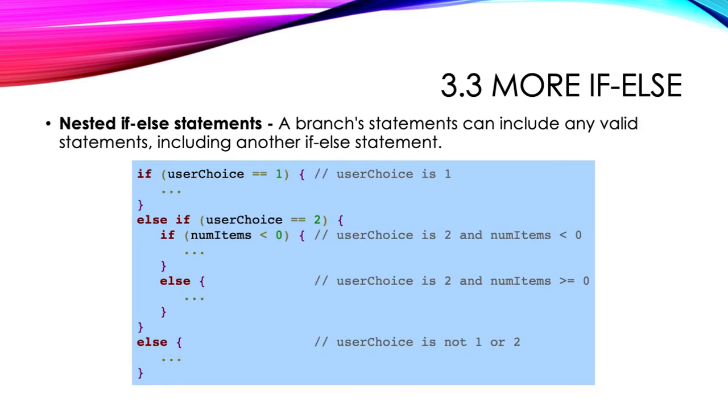More if else. In this case, let's say we check whether the user choice is 1, double equal. If the user choice is equal to 2, and then within that, we have another if. This is called a nested if.